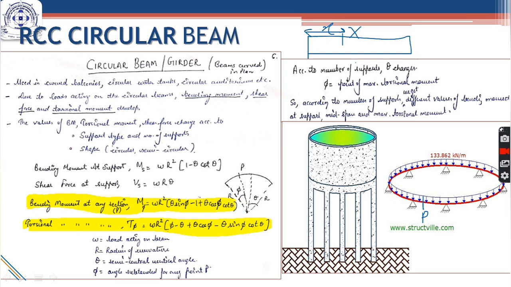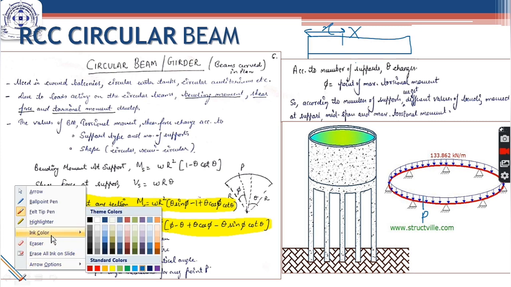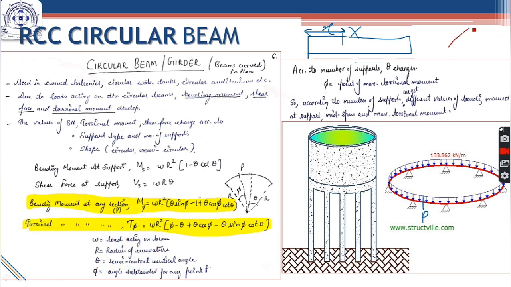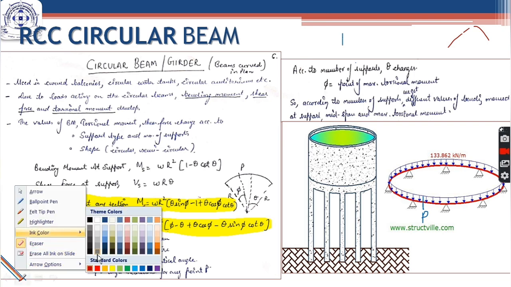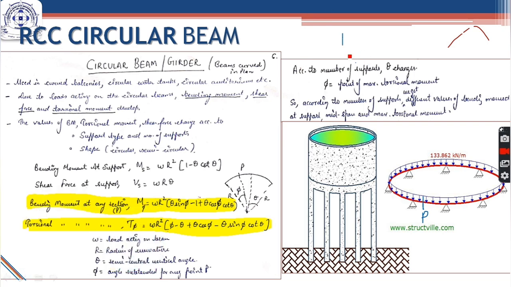So for example, we have a circular beam, sorry, let me erase everything. Let us have a circular beam which has radius r.